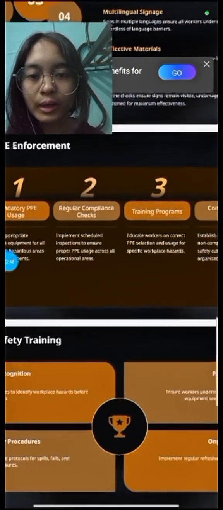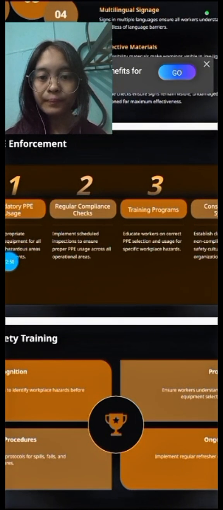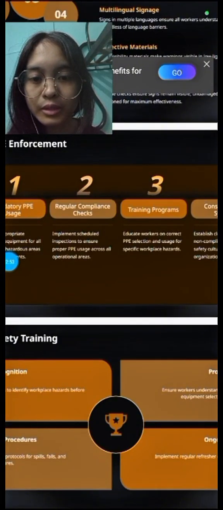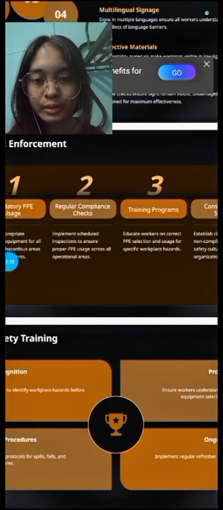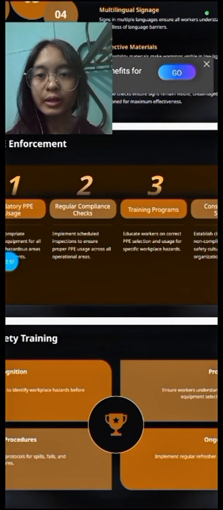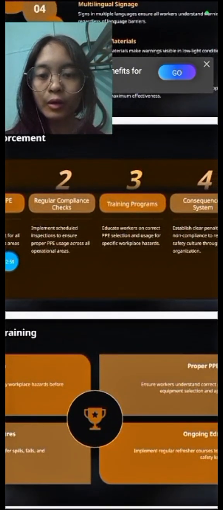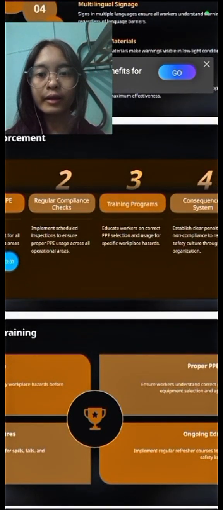Step two is regular compliance checks, implement scheduled inspections to ensure proper PPE usage across all operational areas.